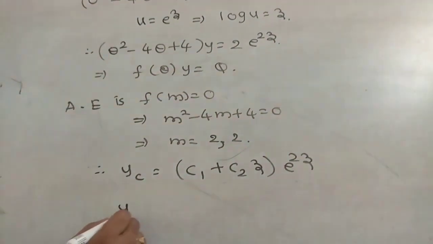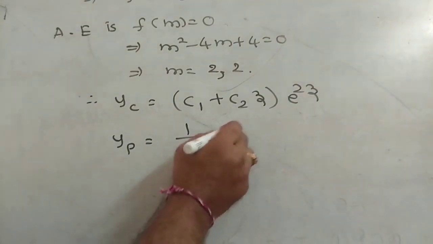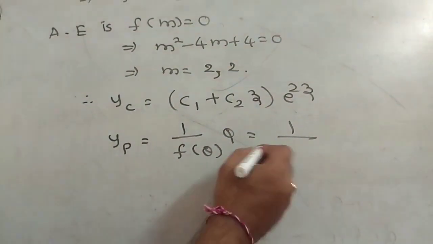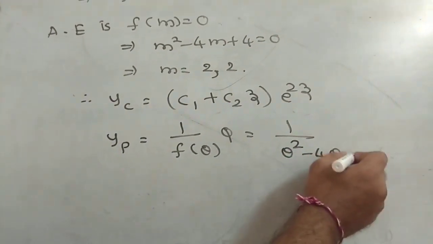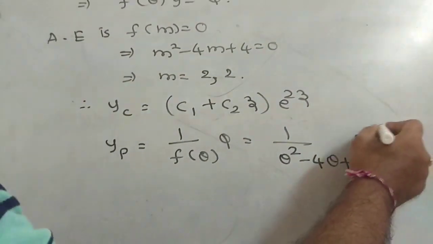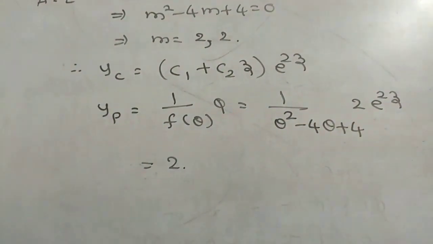Now you are finding yp, the particular integral, 1 divided by f of theta of Q. This is 1 divided by, what about f of theta now? It is theta square minus 4 theta plus 4, and Q stands for the right side, 2 e power 2z. So 2 anyhow is a constant term.